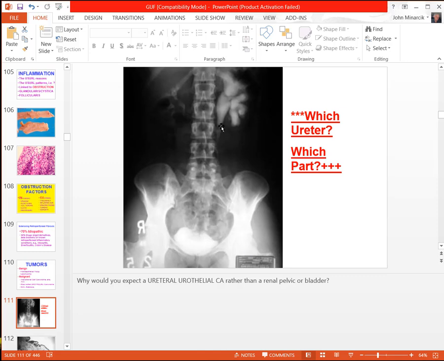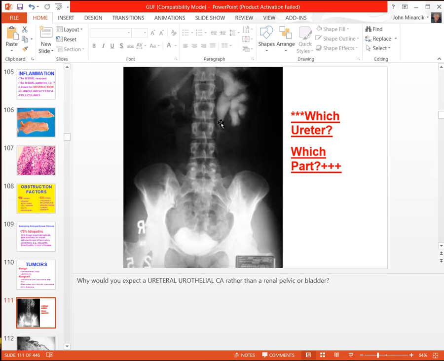You're almost certainly going to get a picture on your exam in which you see IVP, where they put dye into the blood and it filters out into the kidney and then into the urine. There's a phase where you could see it in the kidney, then you could see it draining. So at some point in time, it's not going to be symmetrical. So you have to say which kidney is obstructed and where is the obstruction.